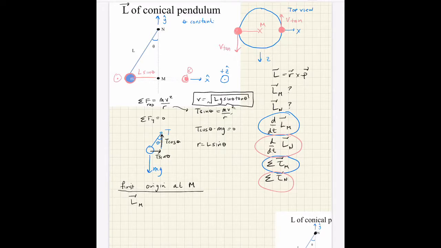But here is r sub M. And so what I'm going to be doing is writing out a vector for r sub M, and I'm going to be crossing that with the momentum vector, m times v. Now, the momentum vector is the same for everything. And if I look down here with the top view, I see that that momentum vector is just m times v vector, and it's actually pointing tangentially.